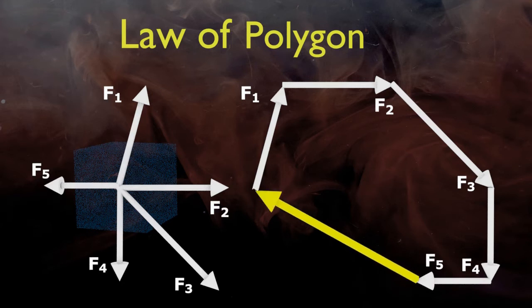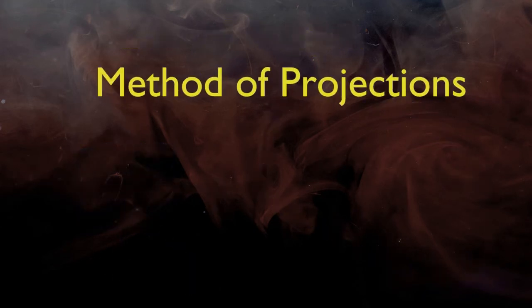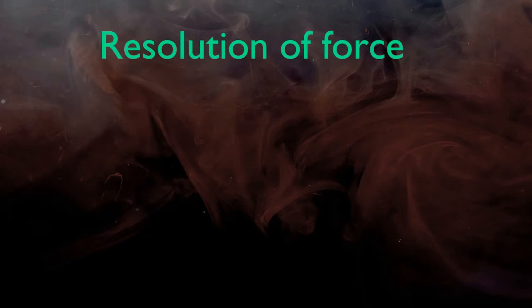Then the line joining the first and last force is the resultant but in opposite order. Another method is method of projections, which is an analytical method to find the resultant of several forces. Before discussing this method in detail, let's talk about an important concept we are going to use in this method, and that is resolution of force.